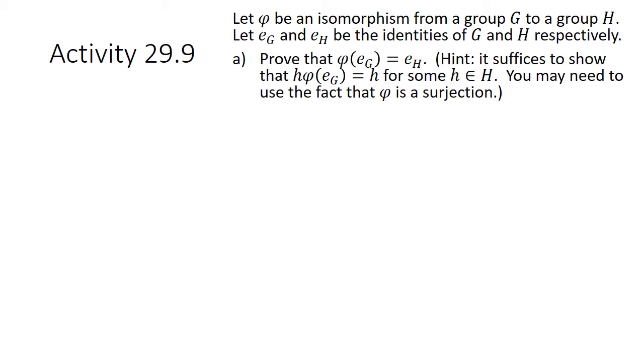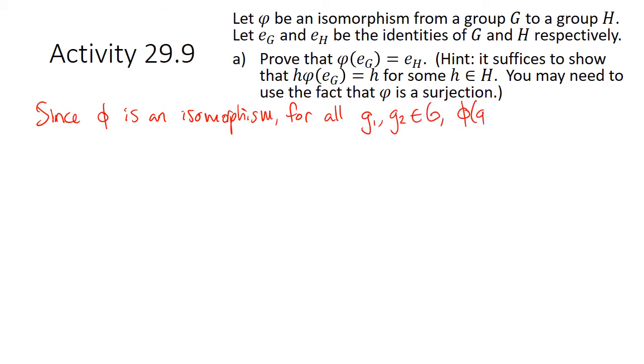Okay, so I'm going to use the property of isomorphism, which is the following. Since phi is an isomorphism, for all, let's call them g1 and g2 in G, we have that phi of g1 times g2 equals phi of g1 times phi of g2, like that. Let's see, which one should I do?